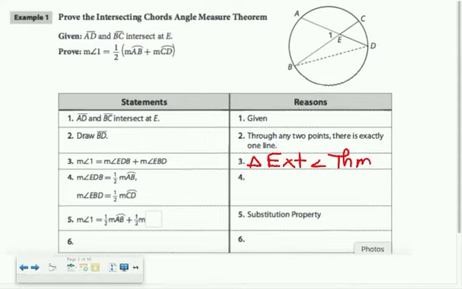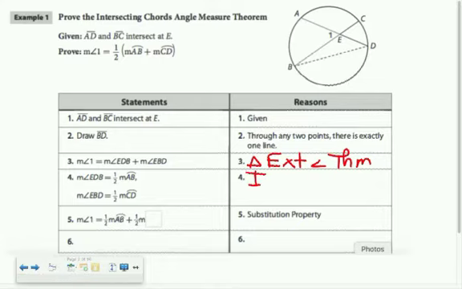And we haven't used that in a while, so let me clarify that. The triangle exterior angle theorem says that an exterior angle, like angle 1, will equal the sum of its two remote interior angles, which are angles B and D. Then I have that angle EDB is equal to half of arc AB, and angle EBD is equal to half of arc CD.